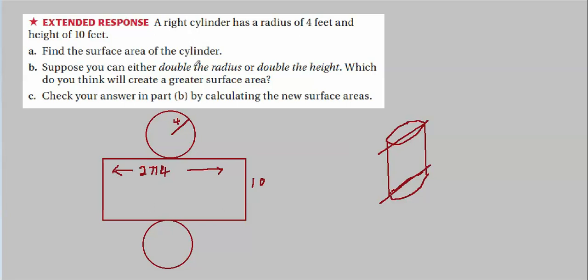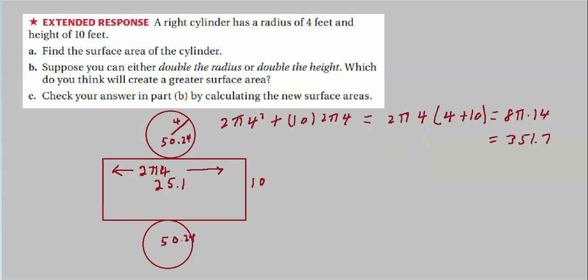So the surface area would be 2 times pi 4 squared plus, if we lay this out, we get 2 times pi r squared, which is pi 4 squared, plus 10 times 2 pi r, which turns out to be 25.1 for this length here, 2 pi r.